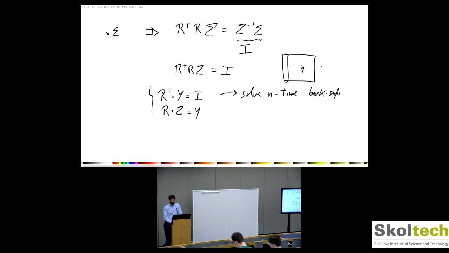So that's why I'm writing it in matrix form. But in fact, what we are doing is just solving vector systems. So we have all the vectors in this Y matrix, and then we do the same for the second equation.